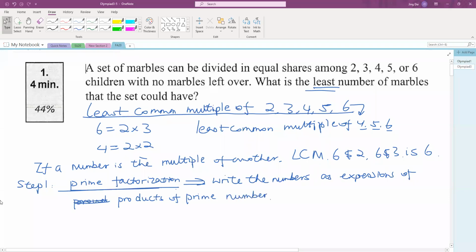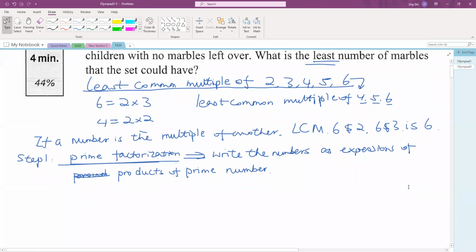So let's take a look at 4, 5, and 6. How do we express 4 with prime numbers? 4 is 2 times 2, and 5 itself is a prime number, so 5 is 5, or you can say 5 to the 1. This is the power, or exponent.